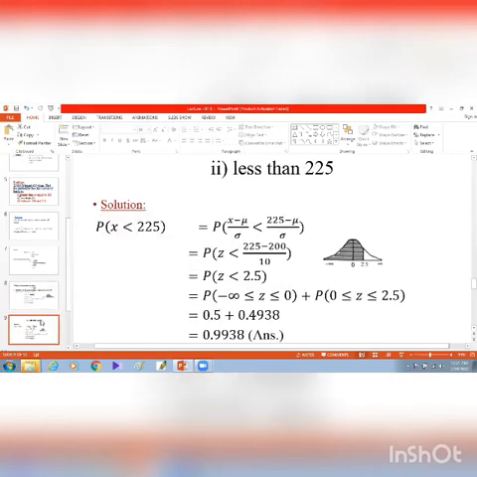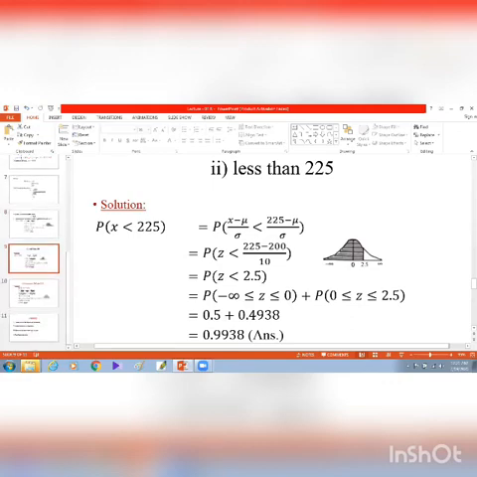Dear students, the next problem: probability of getting the heads less than 225. Since the number of heads is denoted by x, it can be expressed symbolically as probability of x less than 225. Since x is a normal variate and we have to solve the problem using the standard normal variate, x must be converted to z, so we subtract mu on both sides and divide the difference by sigma.